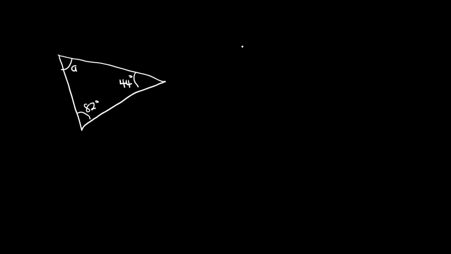This is also easy. We say A plus 44 plus 82 is equal to 180. We've already established why it is 180. So I maintain my A, then I add 44 plus 82, and that gives me 126 is equal to 180.